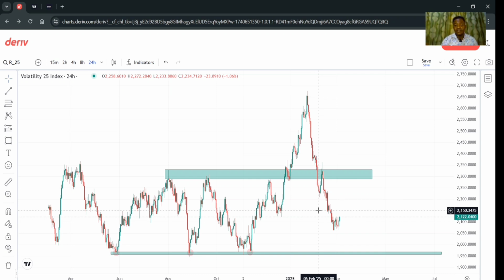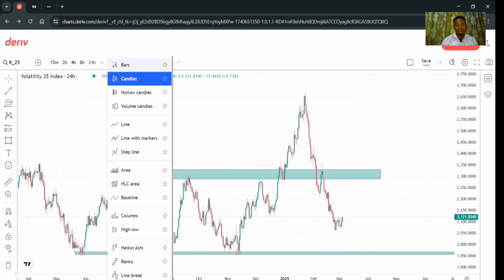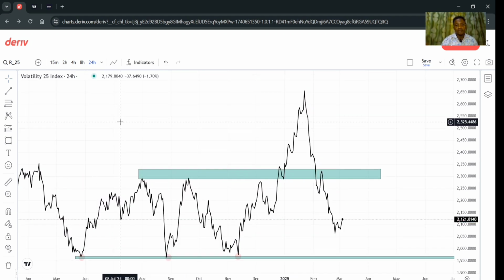And if you're finding it difficult to draw out those levels, you can change the candles to a line. You understand? If you are using a line, it can be much easier for you to see those levels. So this will be the first one, the second one, and also first, second, third.